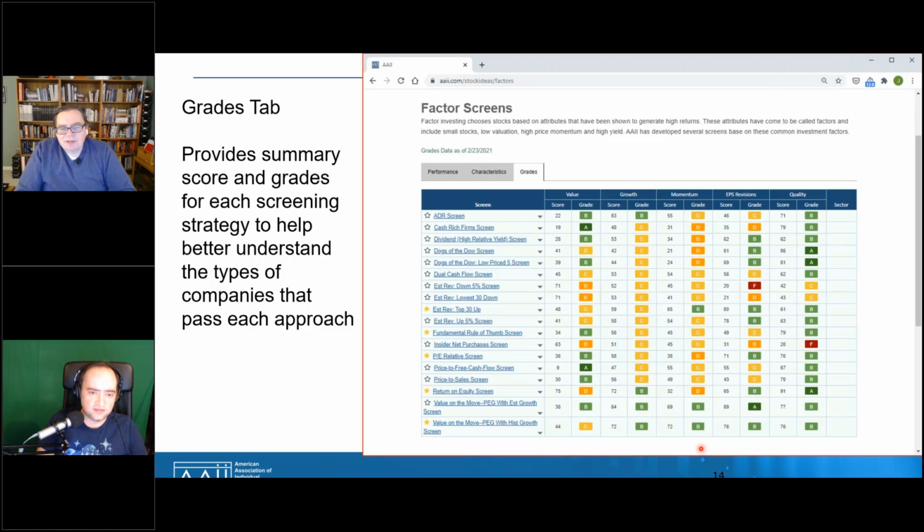Yeah, in some cases, we developed certain approaches just to see if there was a difference. And I think when we first started doing the earnings estimate revision screens, there was some research that pointed to that being a factor that was attractive, but there wasn't a lot of consensus on the value of earnings revisions.